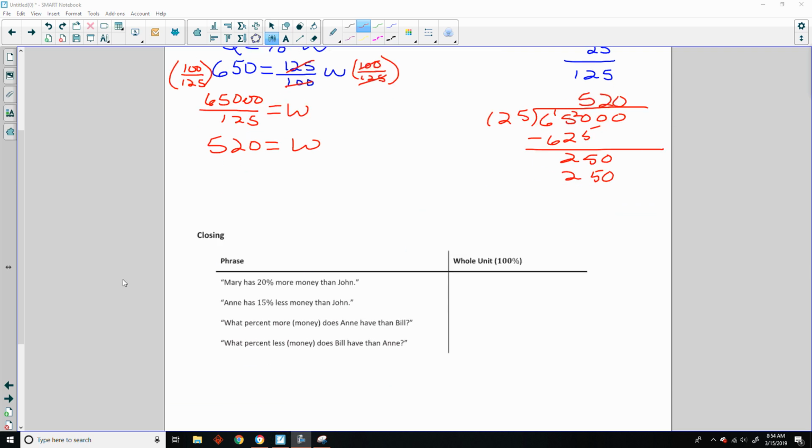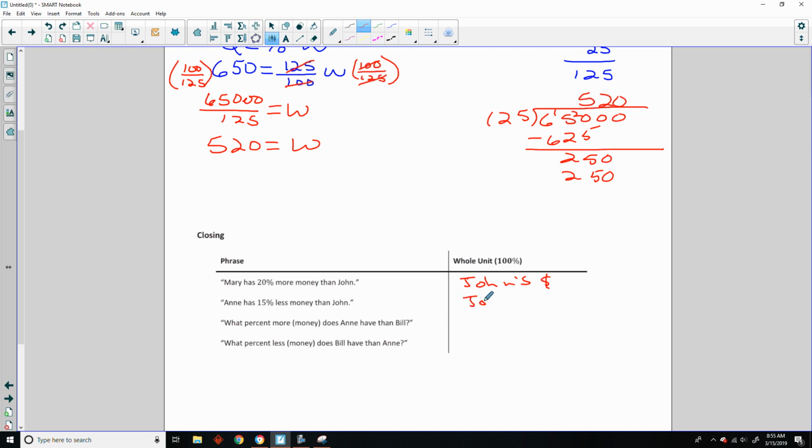In closing, we want to answer what these phrases mean. What is the whole unit when we're talking about this phrase? So Mary has 20% more money than John. What is the whole? John's money. Anne has 15% less money than John.